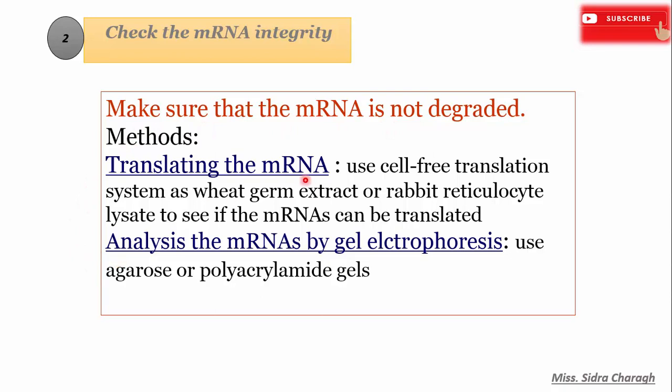First is translating the messenger RNA. Here we use a cell-free translation system like wheat germ extract or rabbit reticulocyte lysate, and we see if messenger RNA can be translated or not. And the other is analysis of messenger RNA through gel electrophoresis. Here we use either agarose or polyacrylamide gels.